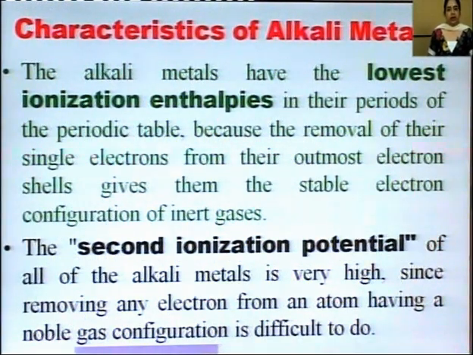Alkali metals have the lowest ionization enthalpies in their periods of the periodic table because the removal of their single outermost electron gives them the stable electron configuration of inert gases.